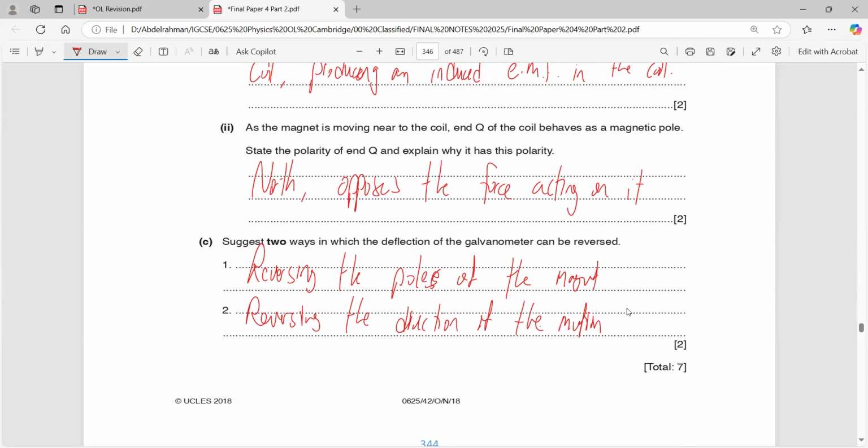So instead of it moving to the left, it should move to the right, and you will have a current in the opposite direction. It will deflect in the opposite direction. Okay, not bad.